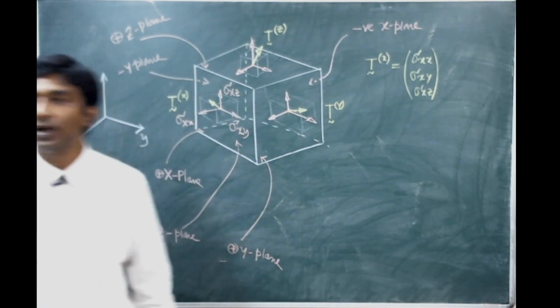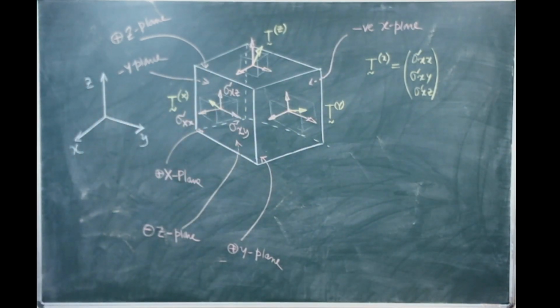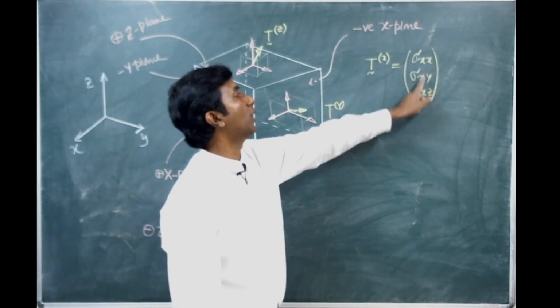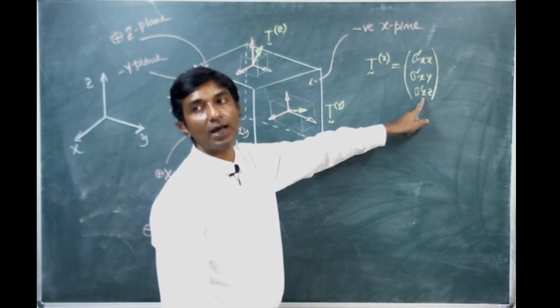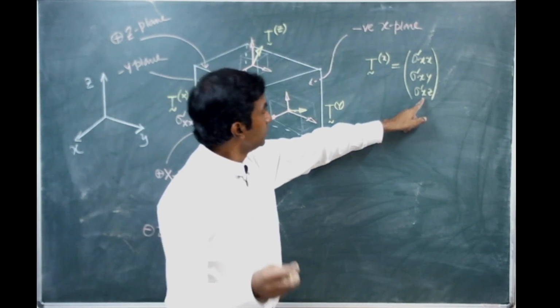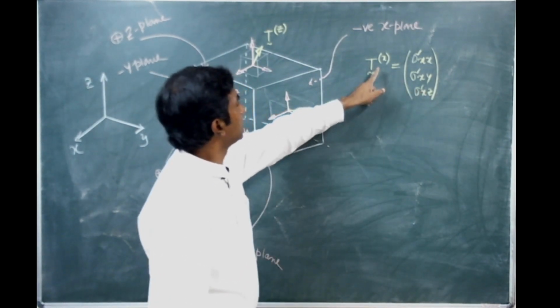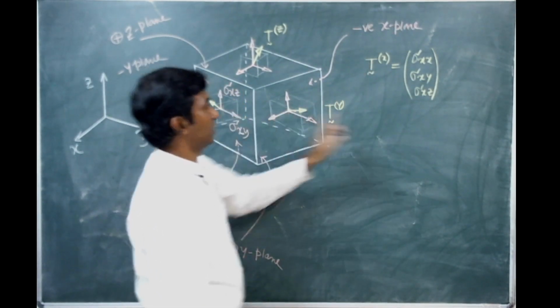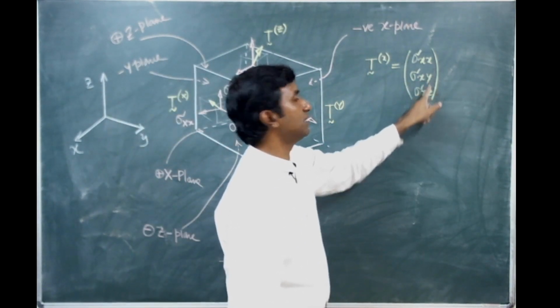Components are identified with two labels, two indices. The first one, you see everywhere x is appearing, represents that the traction vector is acting on the x plane. So the first one is the plane, the second one is the direction.